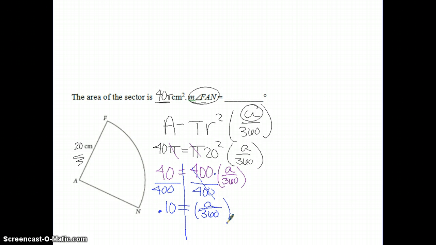There's one final operation to get our angle all alone. We know that this operation right here is division, and the opposite of division is multiplication. So I will multiply 360 on both sides. So I get 36 equals a, which means my angle is 36 degrees.